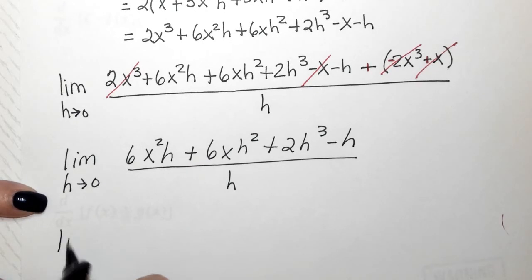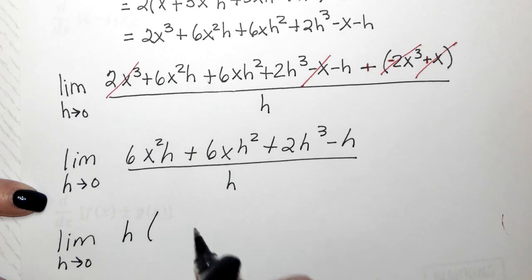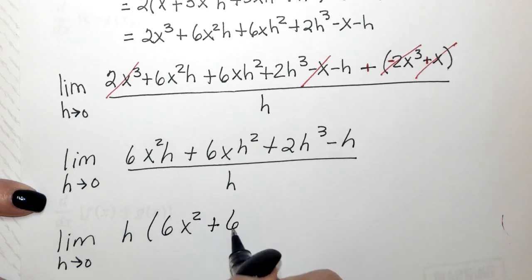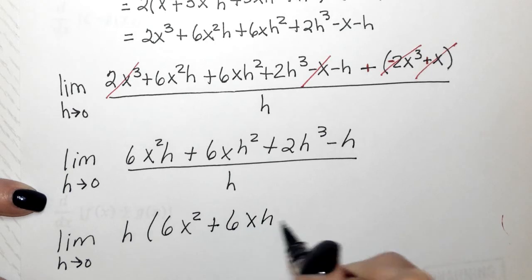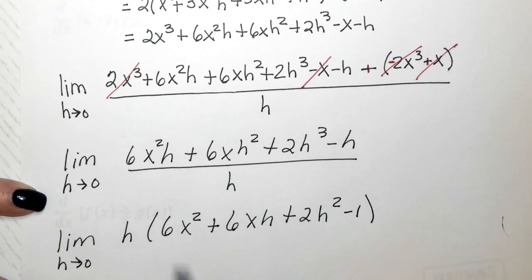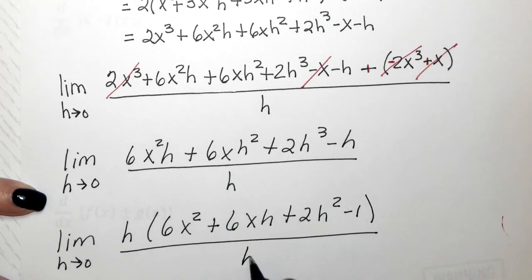So I'm going to try and factor out an h. So it'll be 6x squared plus 6xh plus 2h squared minus 1, all over h.